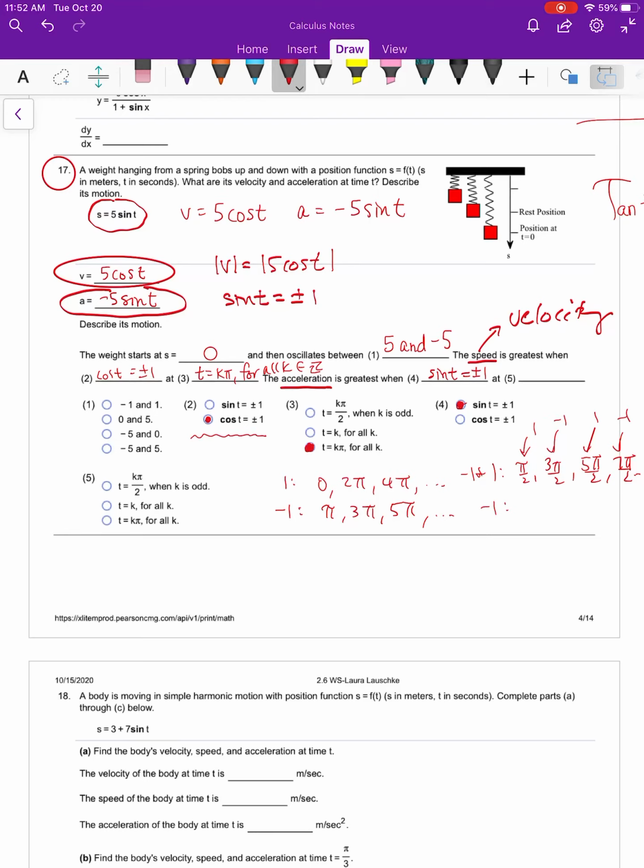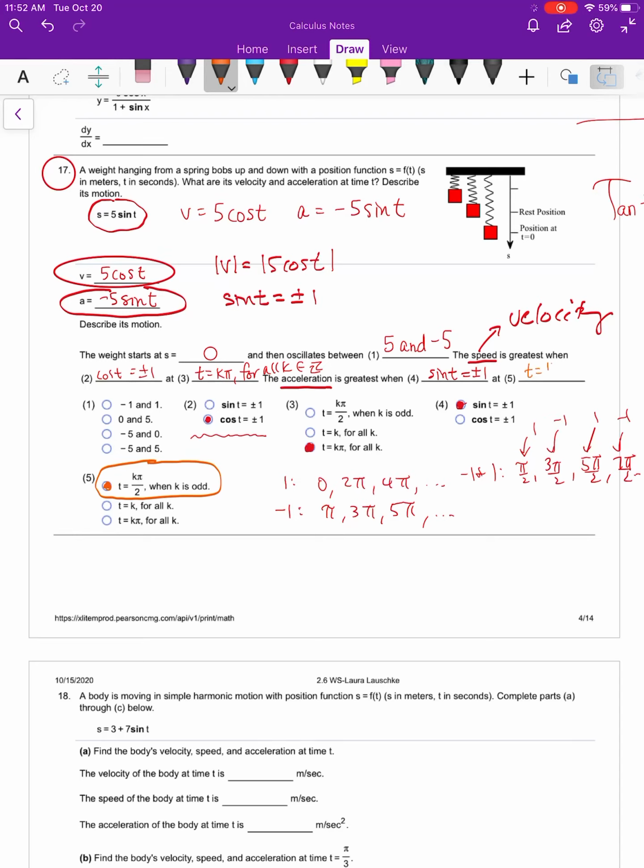Sorry about that. And so you can see that this is 1, 3, 5, 7 in all these odd pies, but all divided by 2. So look at that, k pi over 2 right here. K pi over 2, when k is odd, is going to be your answer for number 5.